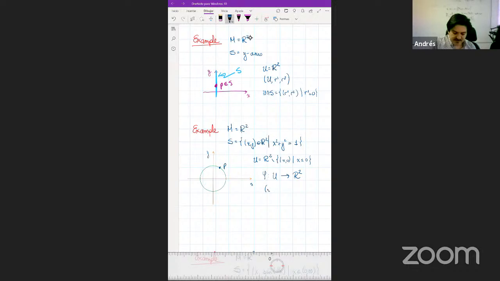So this is X comma Y, and the square root of that.